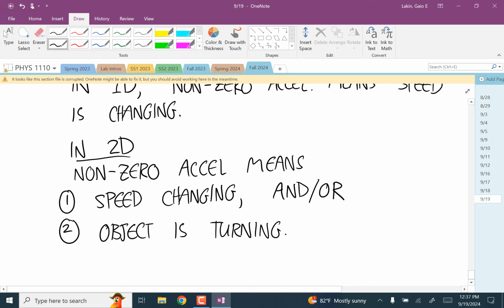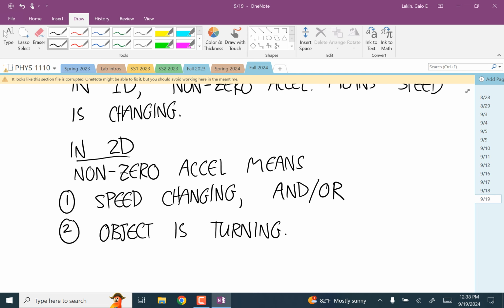Okay, so in 1D, if an object is accelerating, the speed is changing. There's no denying that. In 2D, though, an object can be accelerating even if the speed is constant. And you kind of know that if you imagine driving around in a circle in a big parking lot. You know the feeling of acceleration.